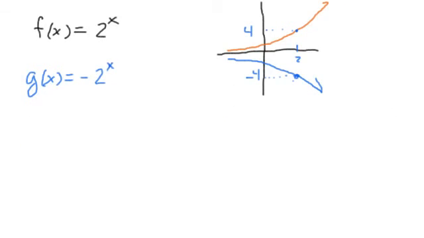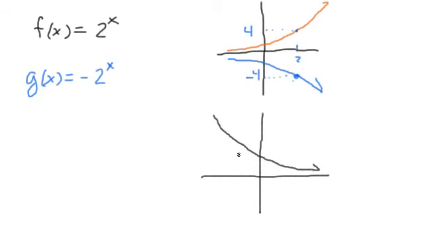So what happens if our graph did this and we wanted it to do this? Right, be reflected about the x-axis.